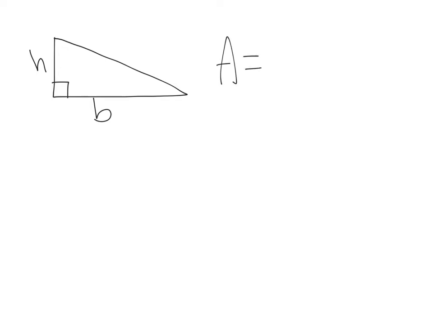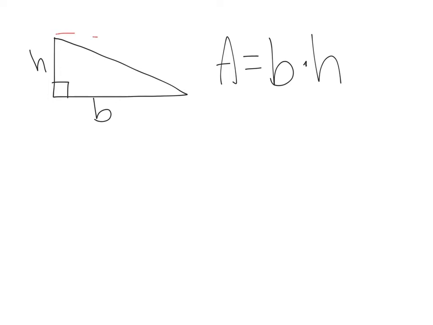Okay, here we go. Let's say I have this nice, wonderful right triangle. Okay, it's a right angle. Well, I'll tell you what. If this was my base and this is my height, area is going to equal, well, let's see here. Think about the rectangle. Base times height.